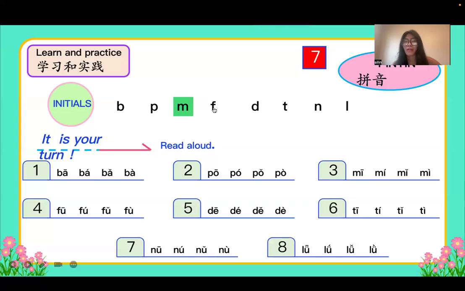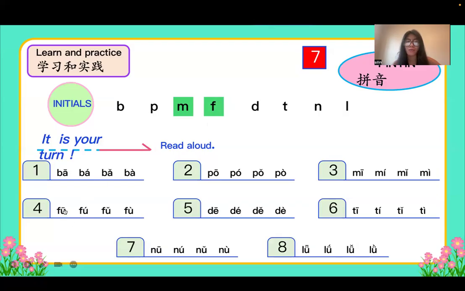Letter F in Chinese we say for. Okay. Do you remember we learned the letter U in Chinese say u. So letter F we say for.